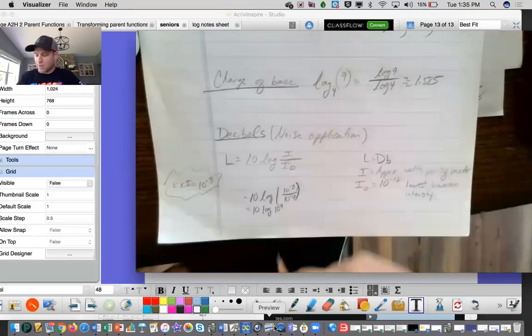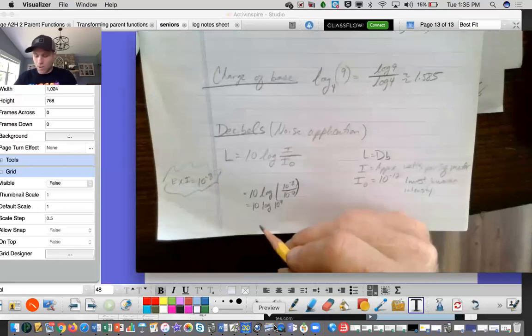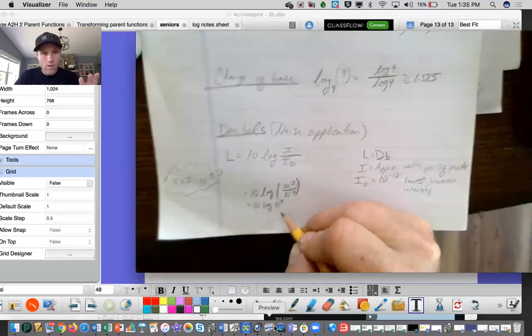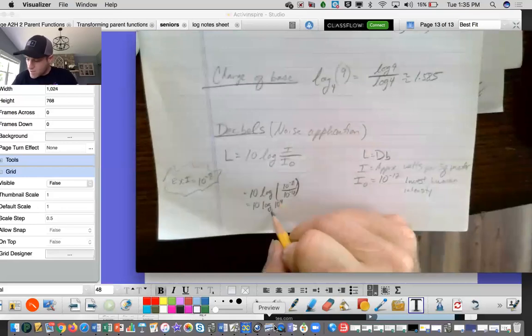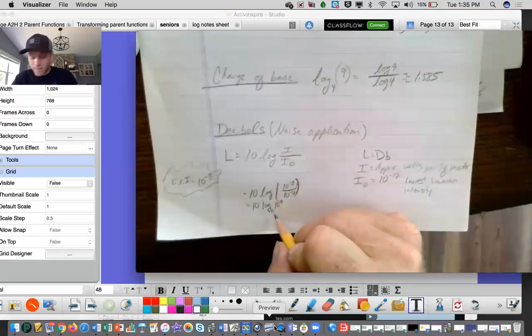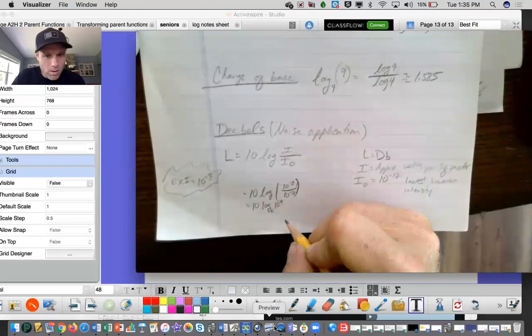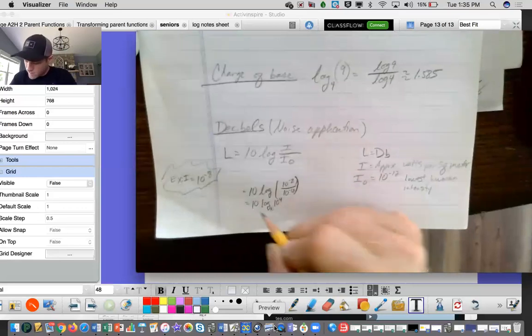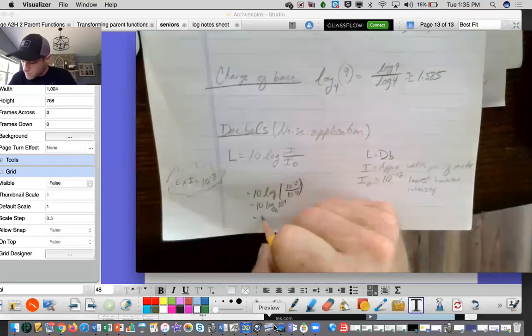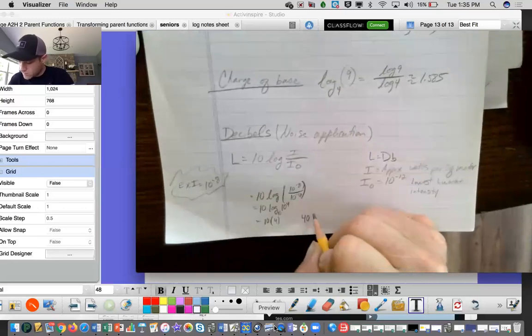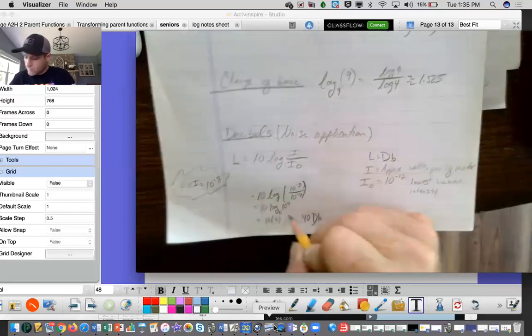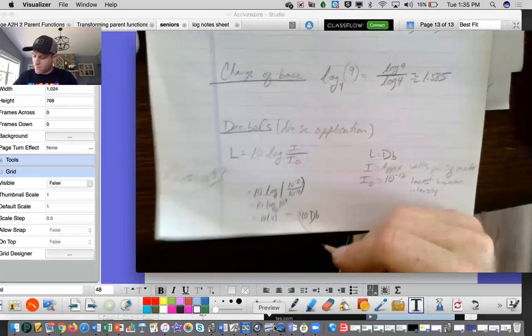Now, using your common log here, you know that log of 10 to the 4th is 4, right? Because the base is 10, 10 to what power gets you 10 to the 4th? Well, 4. 4 times 10 would be 40 decibels. So that would have been your answer for that, okay?